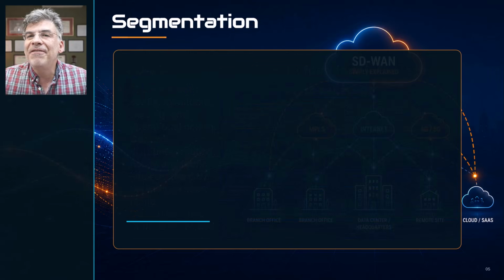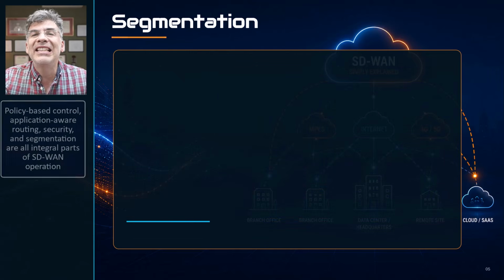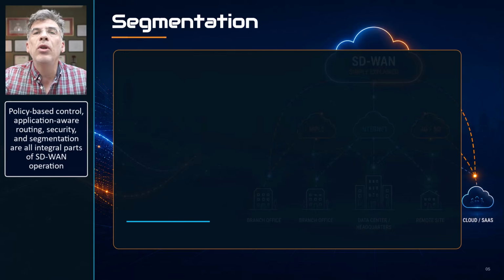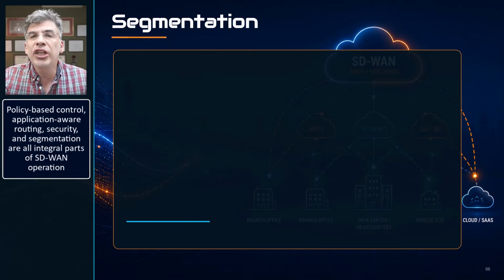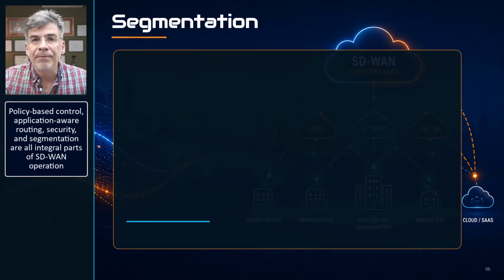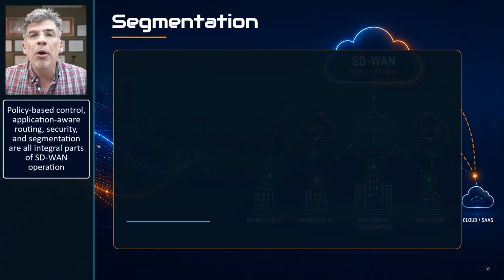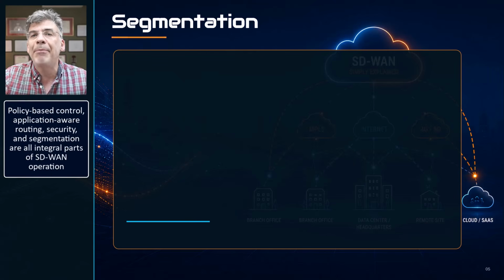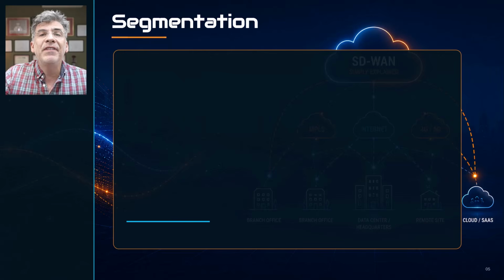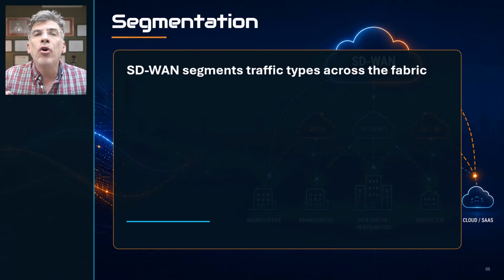Additional features that define SD-WAN include things like policy-based control, application-aware routing, security, and segmentation. Because we've already talked about policies, security, and application-aware routing in a previous video, I'd like to focus more on segmentation here as a feature that sets SD-WAN apart and defines it.